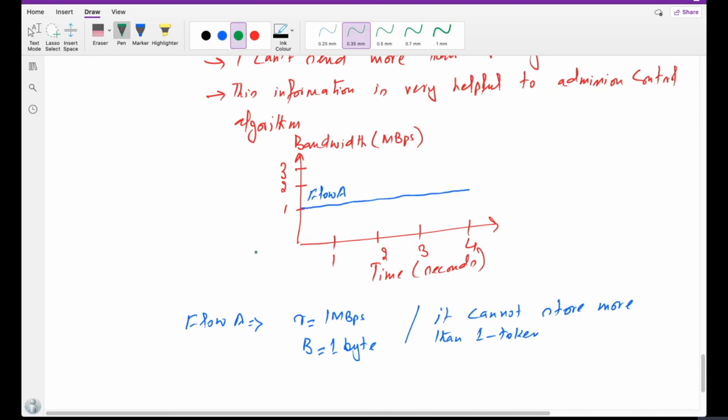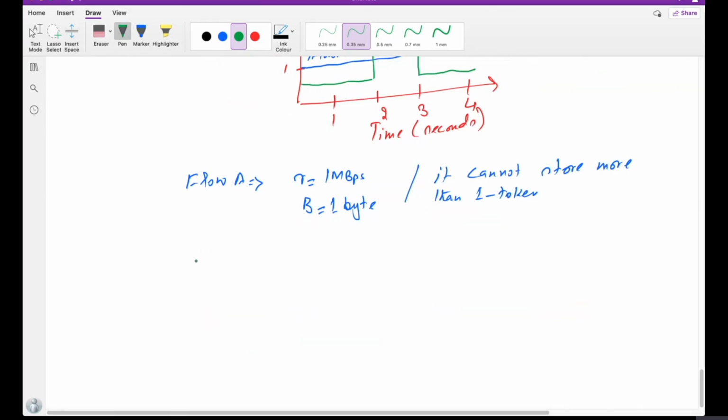Let's assume that we have a flow B that also averages out to 1 megabyte per second, but it does so by sending 0.5 megabytes per second for 2 seconds, and then sending data at, say, 2 megabytes per second for 1 second, from the 2 to 3 seconds interval, and then again sending data at 0.5 megabytes per second.